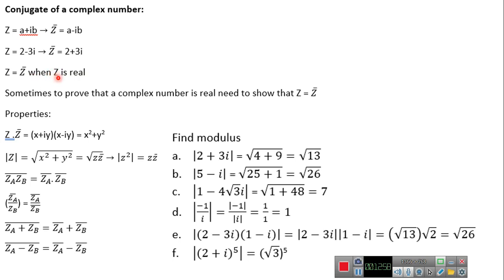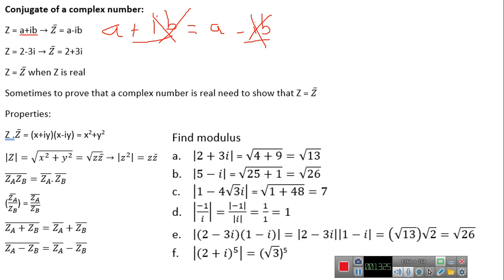Z equals a plus ib, Z bar equals a minus ib, symmetric with respect to the x-axis. Example, Z equals 2 minus 3i, Z bar equals 2 plus 3i. Sometimes in problems, if you want to show that Z is real, we need to show that Z equals Z bar. Why? Because Z equals a plus ib.